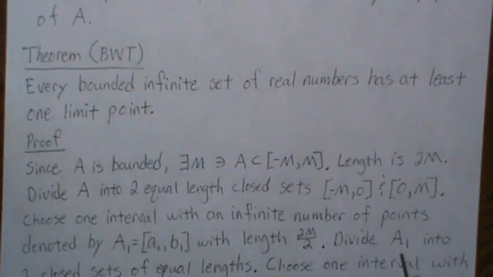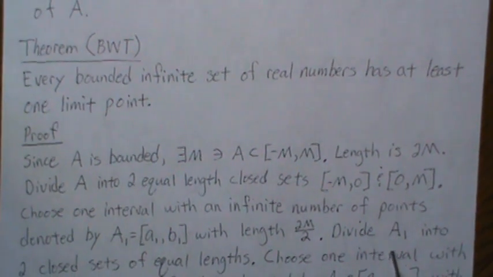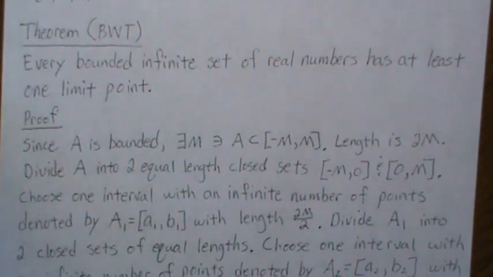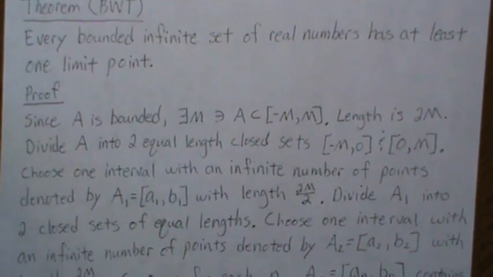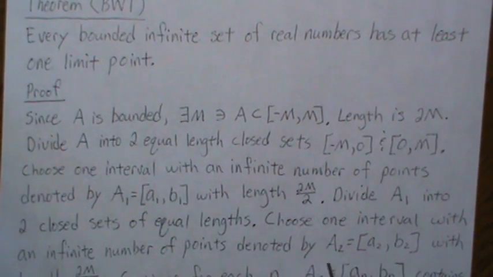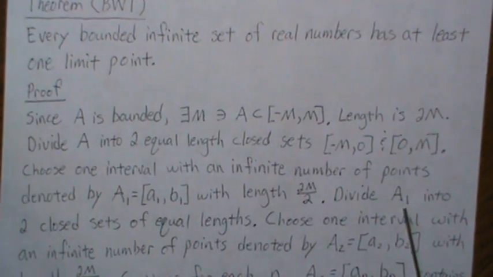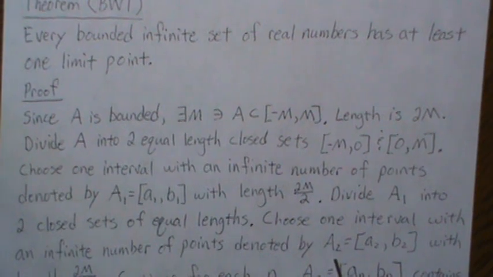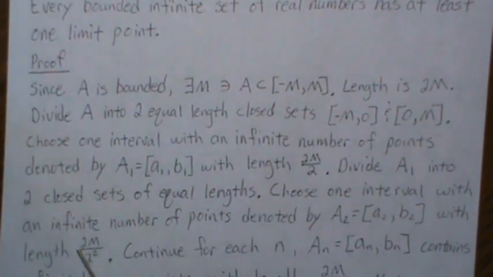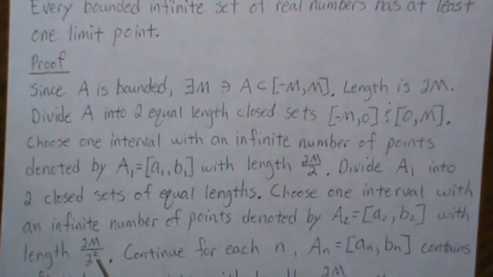Now we're going to keep doing this process. So divide A1 into two sets of equal length. Choose the one with an infinite number of points, denoted by A2. Since we just halved A1, the length of A2 is going to be 2M over 2 squared, and we divide it by 2 again.